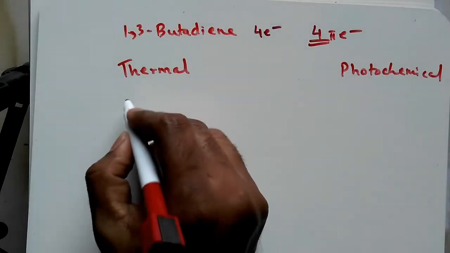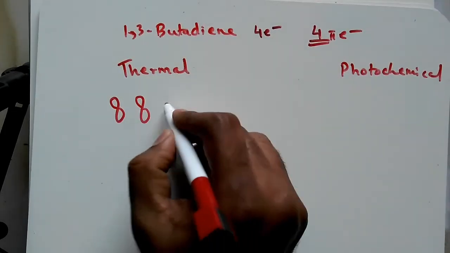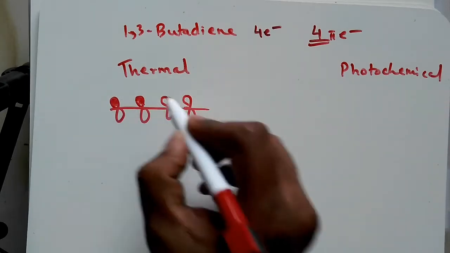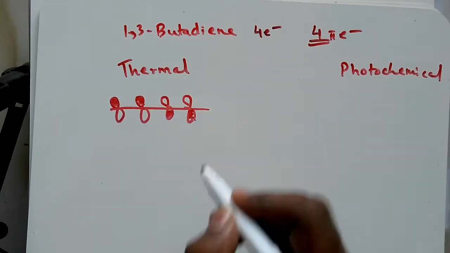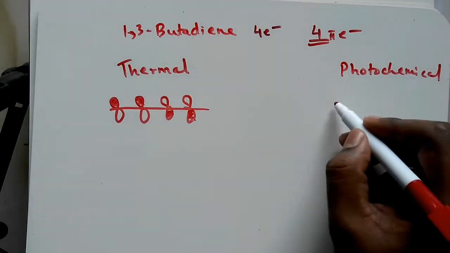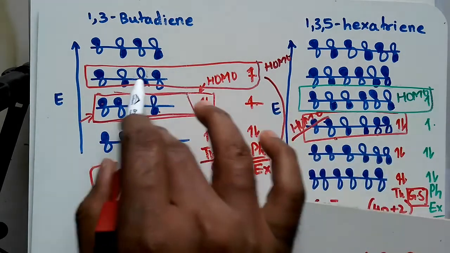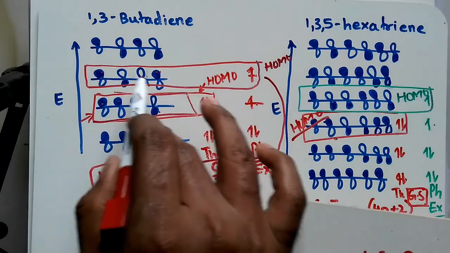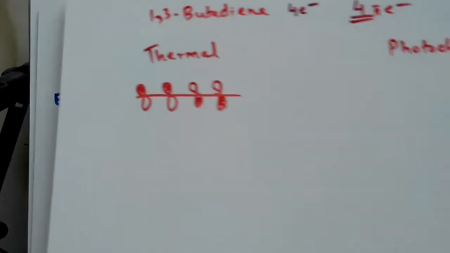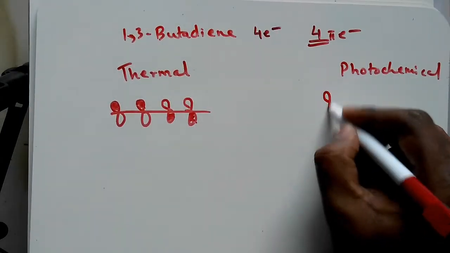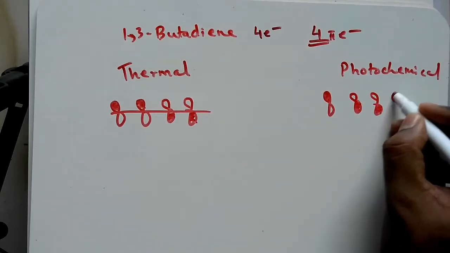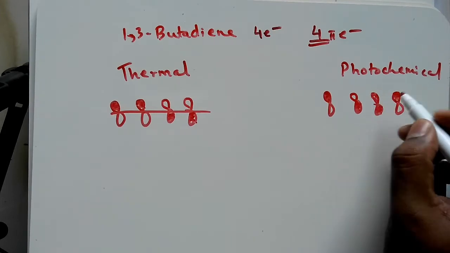So in case of thermal, the HOMO is here, like this. And in case of photochemical, the HOMO is this part, the two phases here up, these two phases here down. So we have two phases down and two phases up.